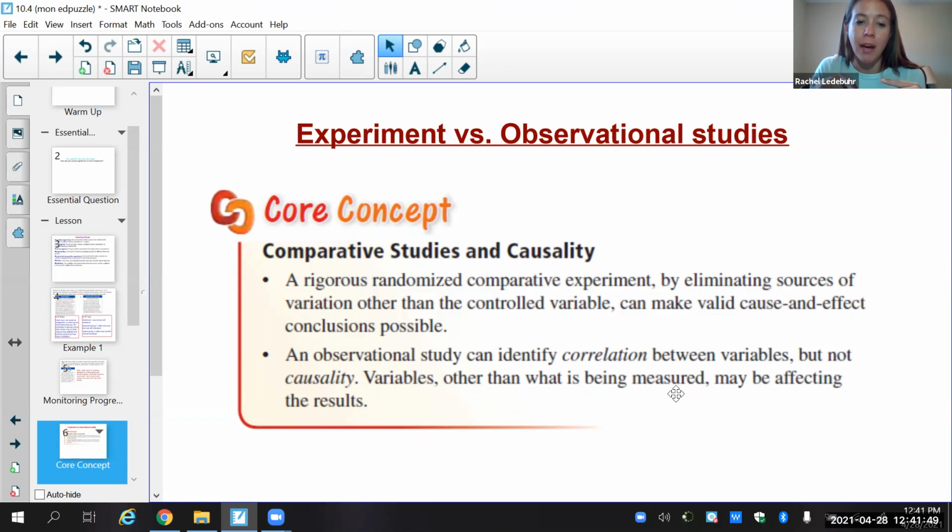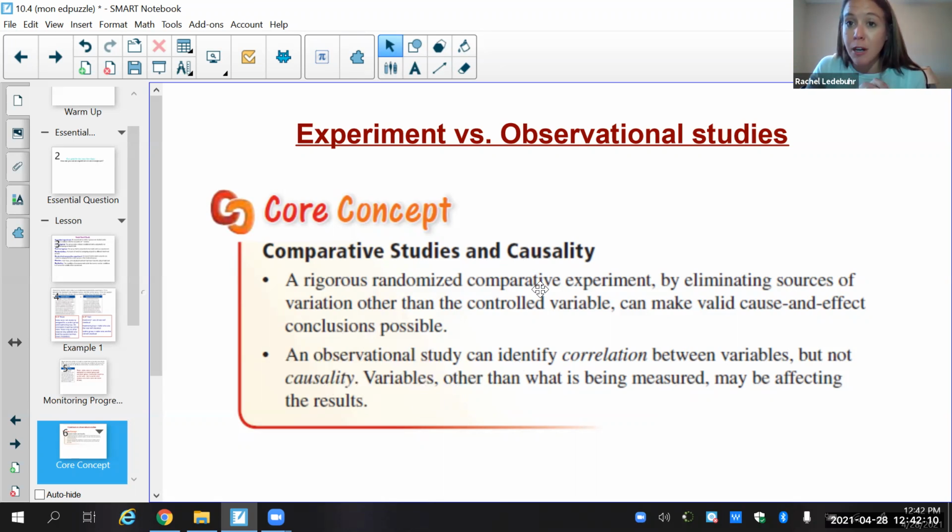Causality or causation actually means that one thing causes the other. Keep in mind, in an observational study, we can identify correlation. We cannot determine causality.